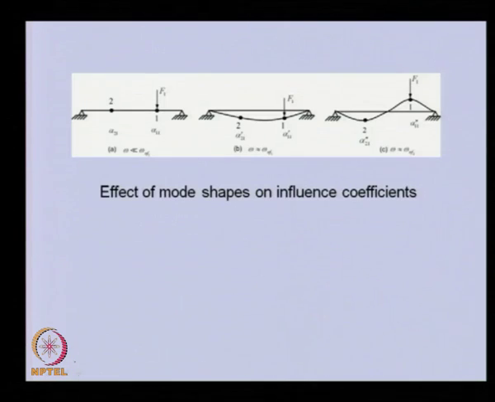Coming to the influence coefficient for the flexible rotor, earlier we defined it for the rigid rotor, in which the deformations are small, the shaft is not getting bent, and whatever force we apply, the shaft deforms from its static equilibrium position.